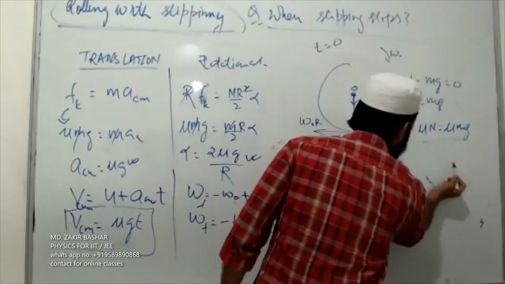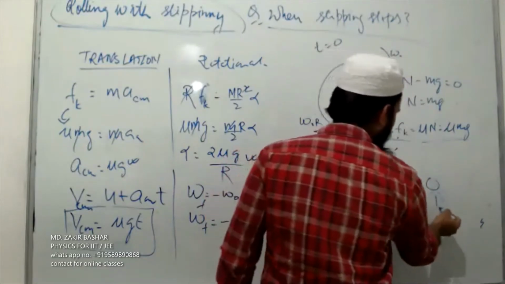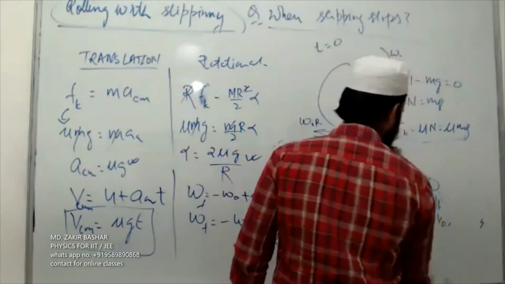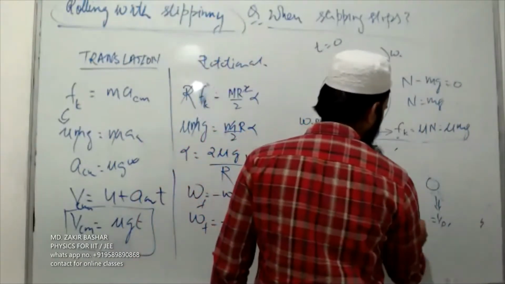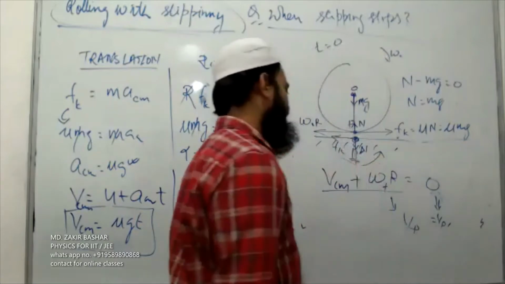And you know that Vp dash is 0, because this is the point on the ground. So the summation of this will always be equal to 0. Is it clear?